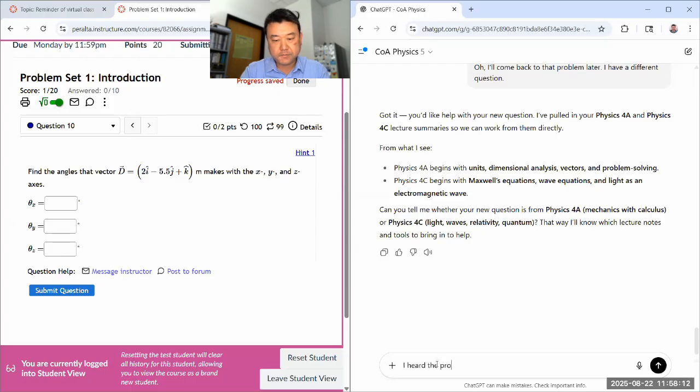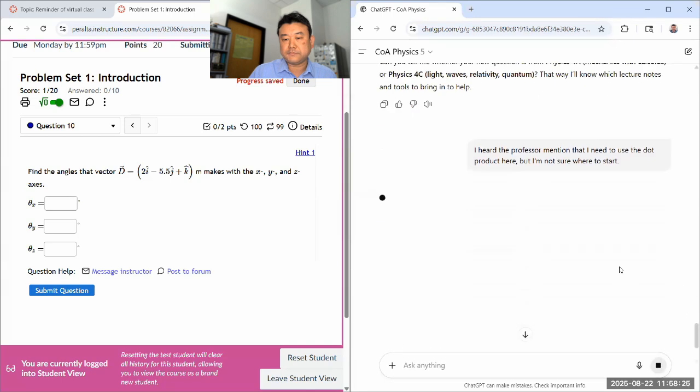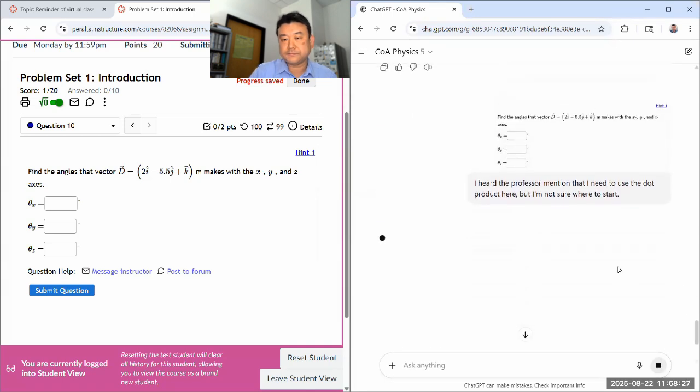I heard the professor mention that I need to use the dot product here, but I'm not sure where to start. Let's see. Up above was definitely repeating a lot of information that's not quite as germane to the question.